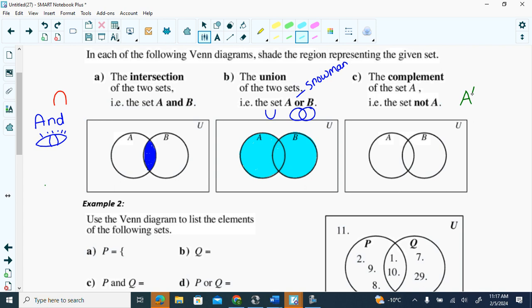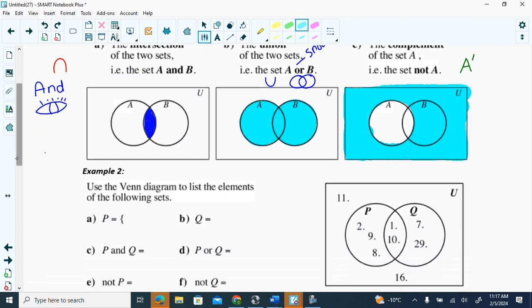So I circle around my A, and I highlight around it. So I would say everything but there, correct? So and is the eyeball, or is the snowman. Complement means everything but that.